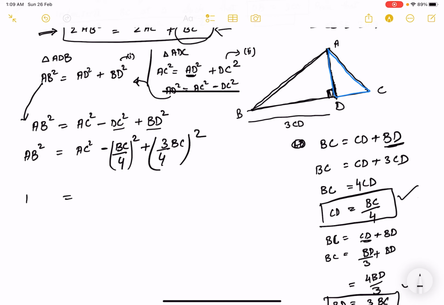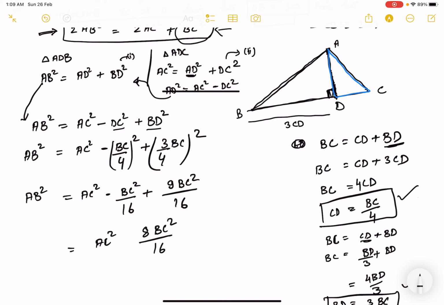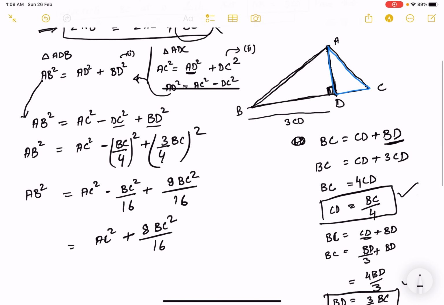So again, AB square is equal to AC square minus BC square by 16 plus 9 BC square upon 16. So we'll have AC square plus, this will become 8 BC square by 16.